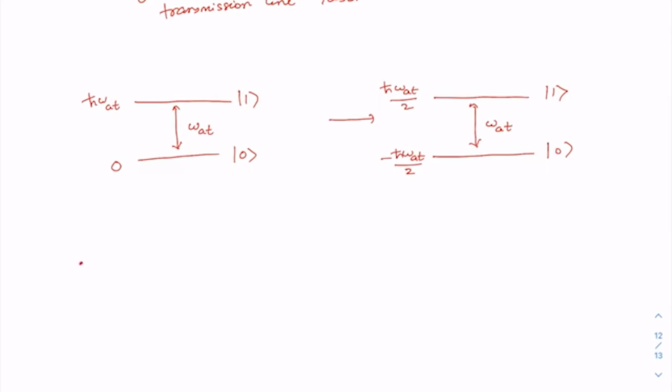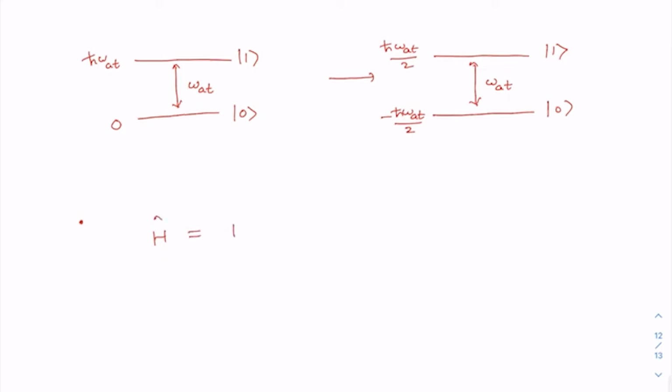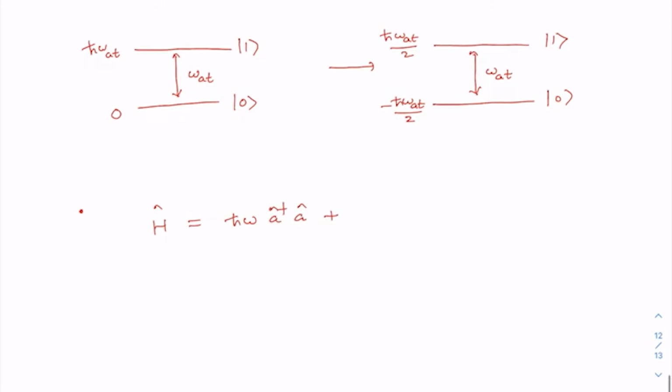Then I have to make a little bit of change in the Jaynes-Cummings Hamiltonian. The first term remains the same, ħω a†a, that is the field mode energy, and the atom energy would be of this form now, ω_atom (σ_z + 1)/2. I just put a plus 1 there, divided by 2, and the interaction term remains the same, ħ Z σ_x (a + a†).